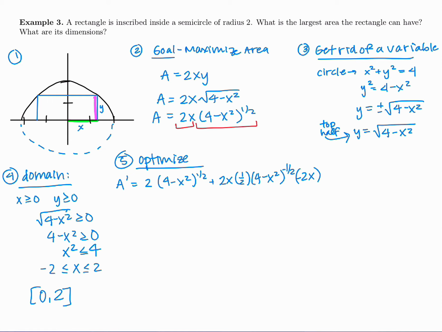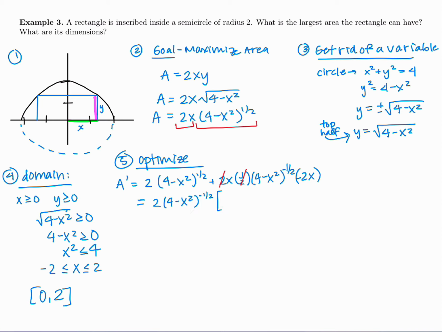All right. Now we just need to clean this up so we can find those critical points. Let's see. I see a 2 here that I can cancel with that 1/2, and that makes things a little bit better. And then after that, I think I'm just going to do some factoring. So I can pull a 2 out of both pieces and a 4 minus x squared to the negative 1/2.